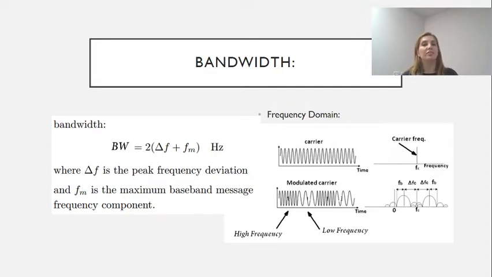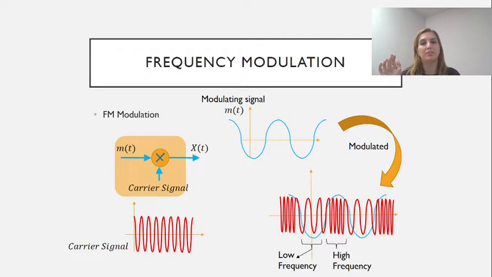So that delta F is the variety of change. If I have some plus minus that I'm playing around with, remember this red sign. For example, if that is F1 or FC1, and then I'm playing around with some delta F, let's say 2 kilohertz, plus and minus.